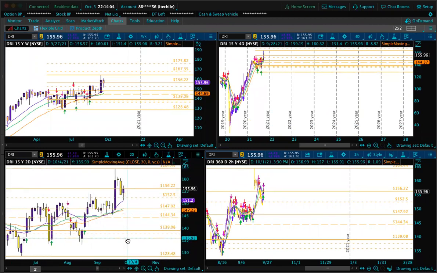And another reason I want to do Costco, because me and my lady were watching a movie, and she was in Costco. I felt like that was a sign. So I was like, all right, let me go check my scanner. I look at my scanner, I see DRI.